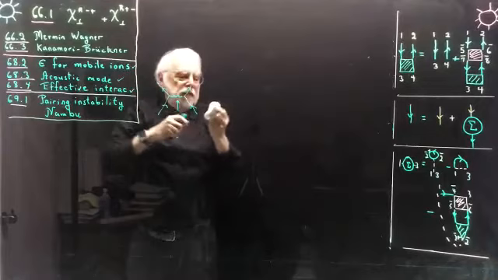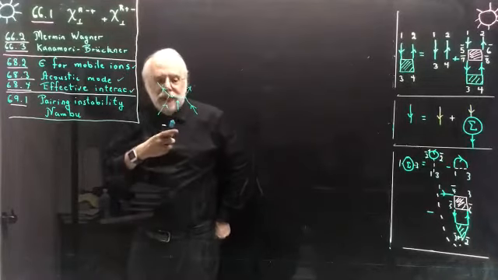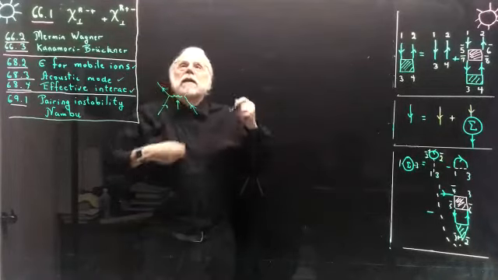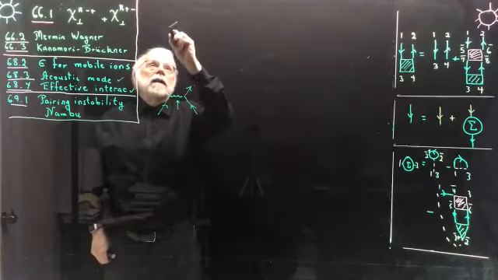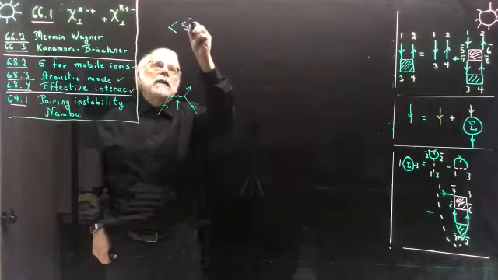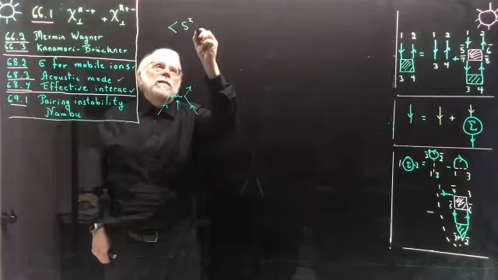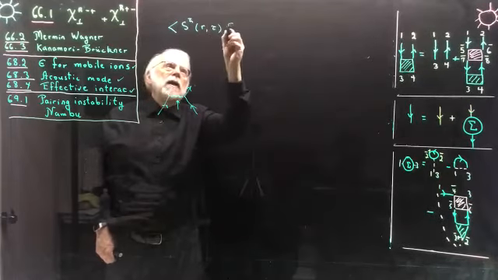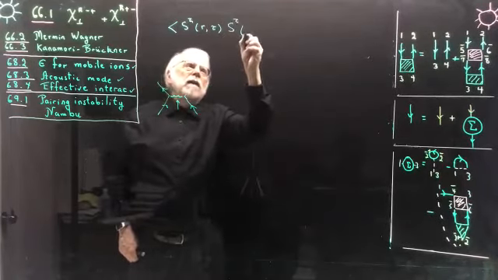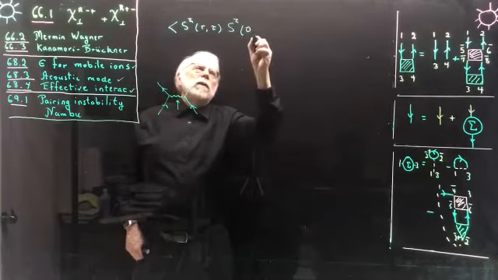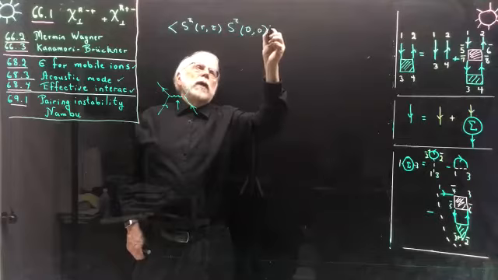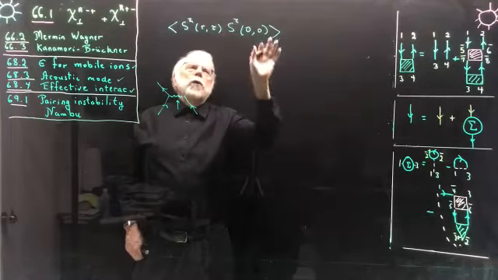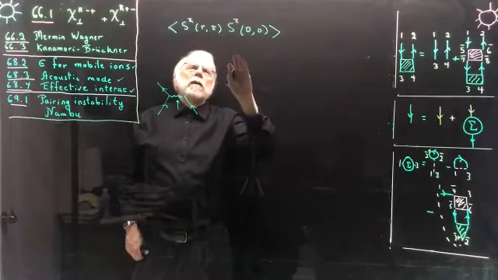So how did we find this ferromagnetic instability, right? We look at the correlation of S_z of R, tau, S_z of 0, 0, and we can Fourier transform this if we want.